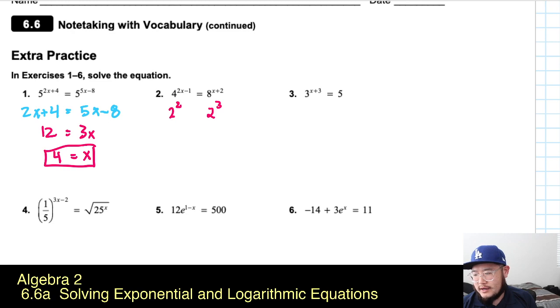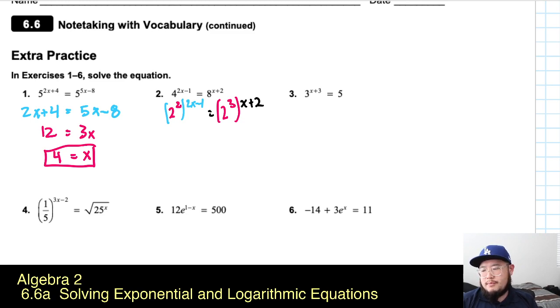I've got to include right here the 2x minus 1 as the exponent. And let me go ahead and space things out a little bit better right here. All right, so there we have our equation.